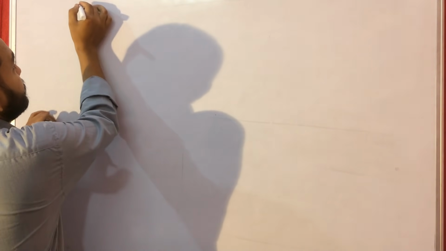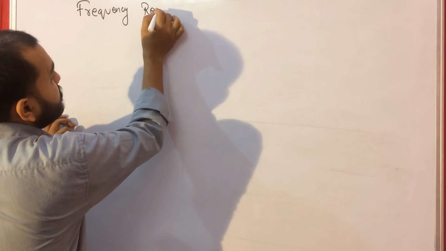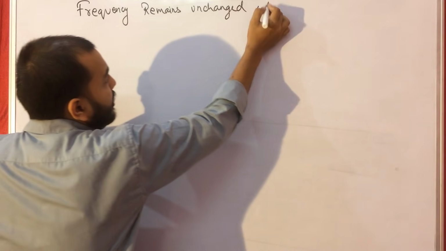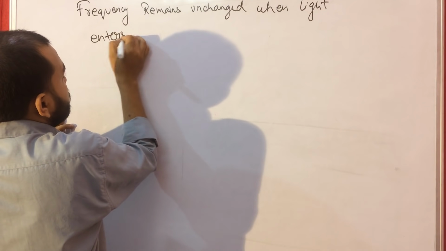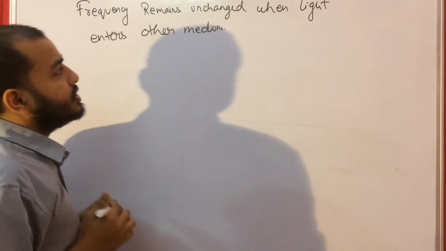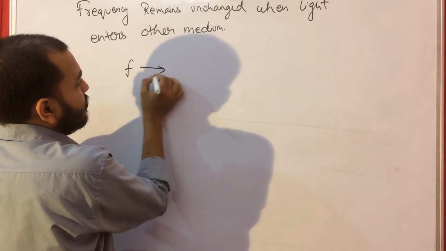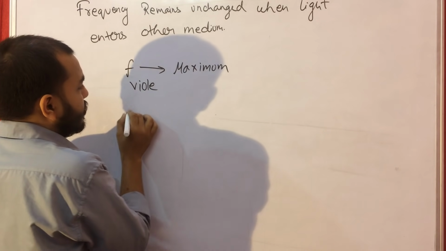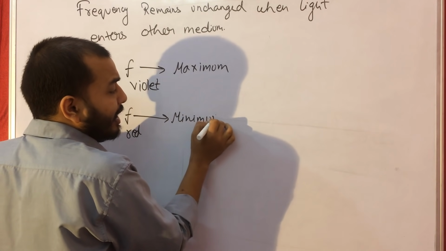So frequency remains unchanged when light enters other medium. Frequency cannot change. Frequency remains same. So you can say that frequency of violet is still maximum and frequency of red is still minimum, and the value is also the same.